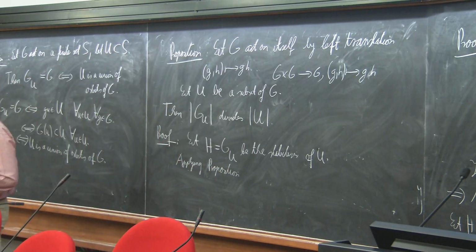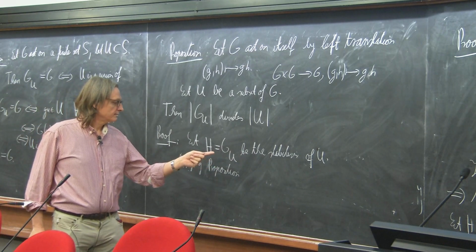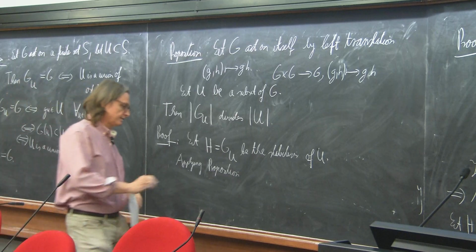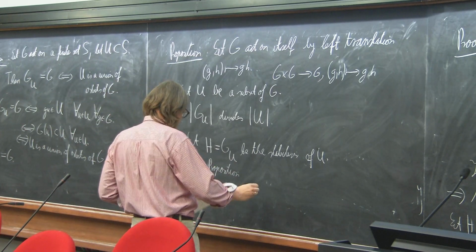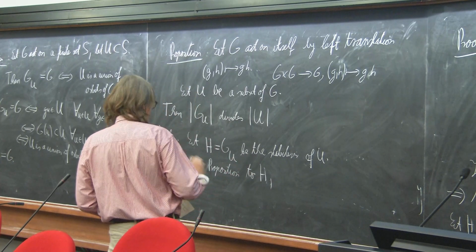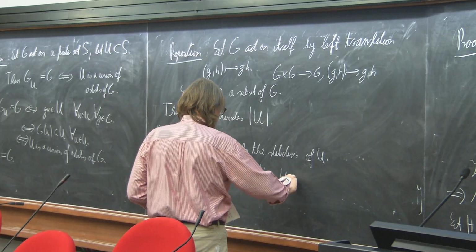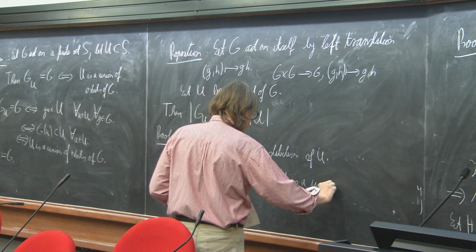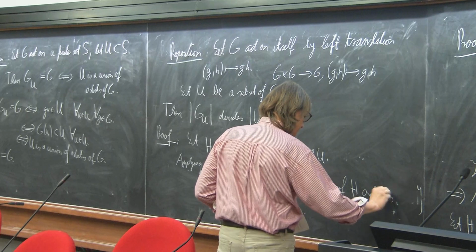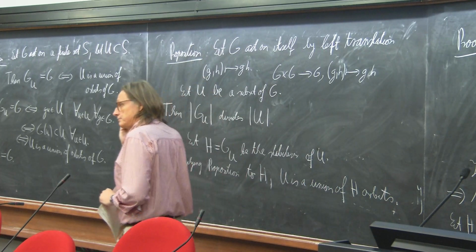Now, obviously, the stabilizer of U acts trivially on U. So the stabilizer inside the stabilizer of U is the stabilizer. So therefore, applying this proposition to H, we get that U is a union of H orbits under the left translation.